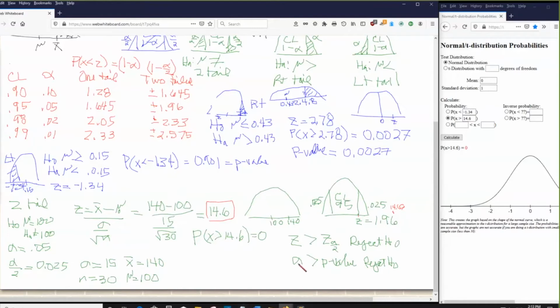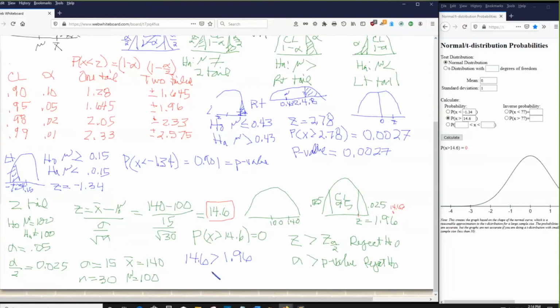With this one, the alpha was 0.5. So let's look at these numbers. That gives us that 14.6 is greater than 1.96, so that would tell us to reject the null hypothesis.